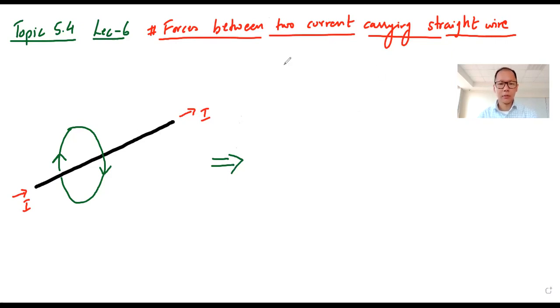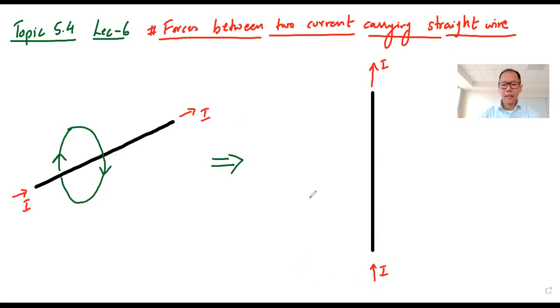Let's say this is a straight wire, and the current I is flowing in the upward direction.